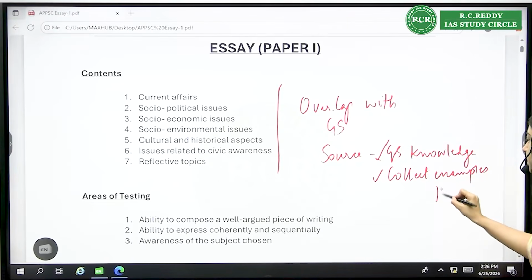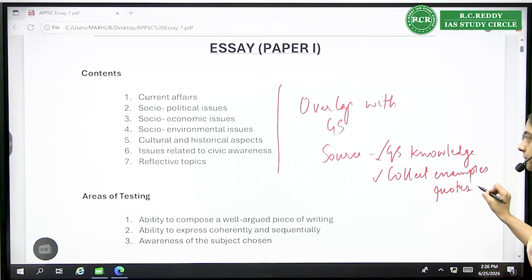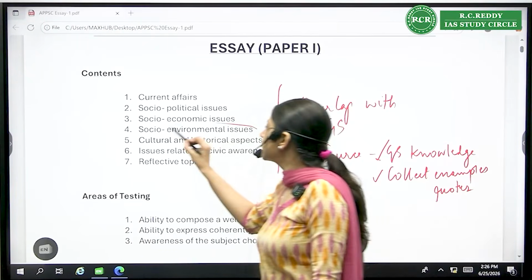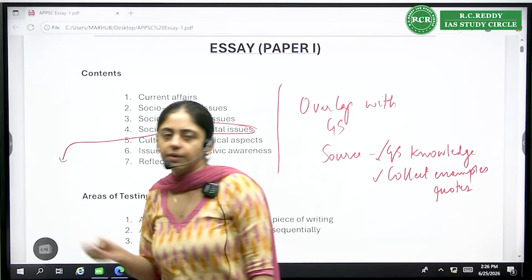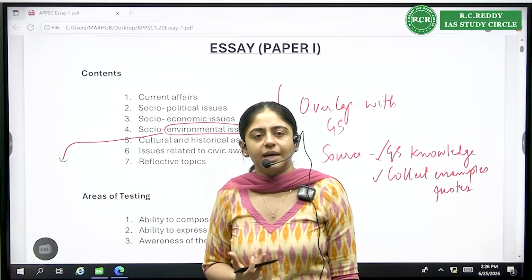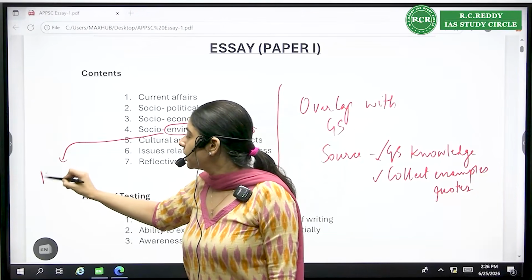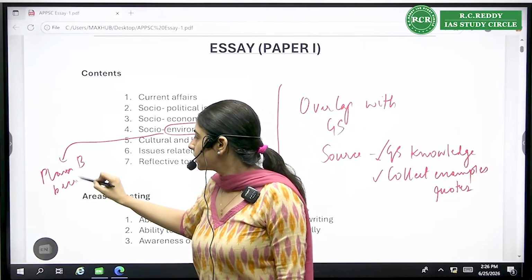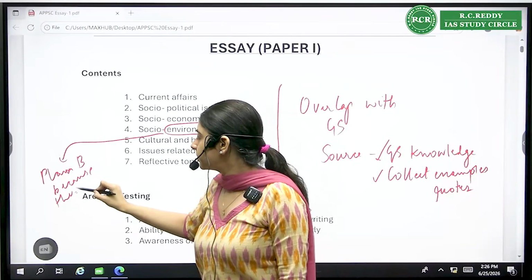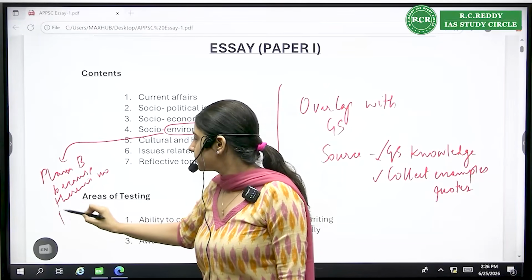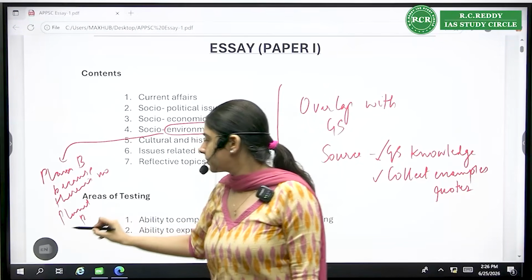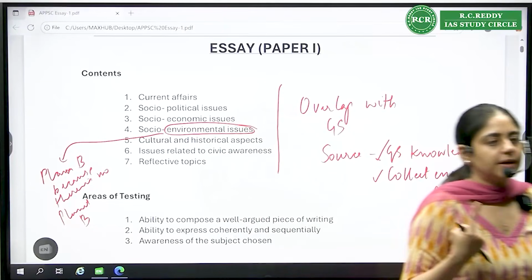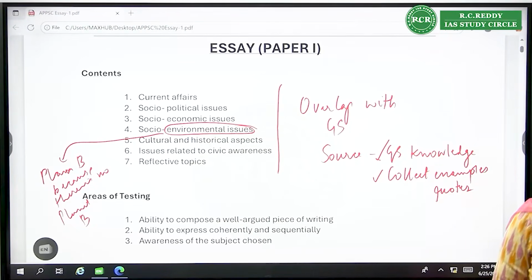You can collect quotes, right? Say for example, when we talk about environmental issues, there's one very nice quote which says that for Earth we do not have any plan B, because there is no planet B. That we have only this one planet, so we cannot think of planet B. Whatever we have to do is we have to save this Earth only.